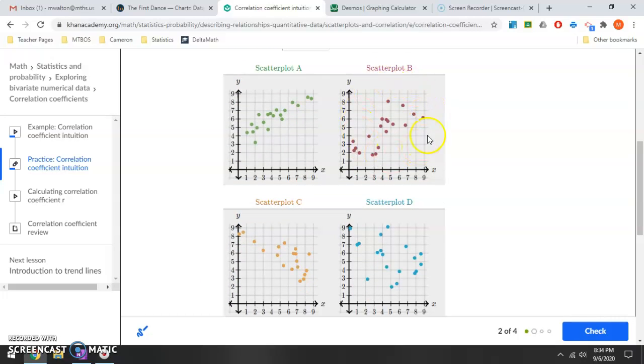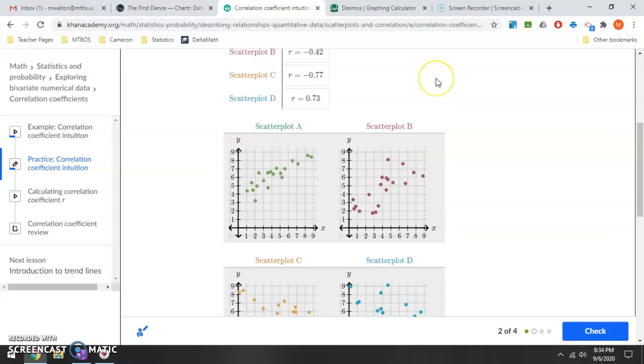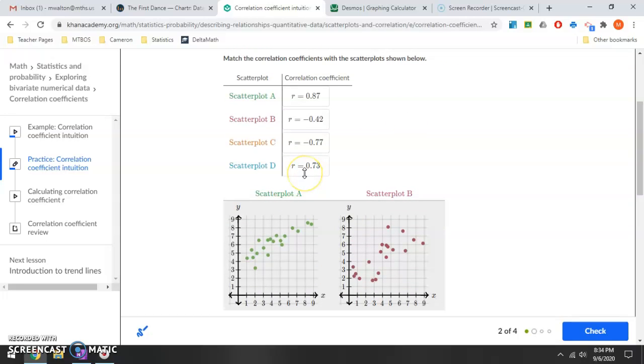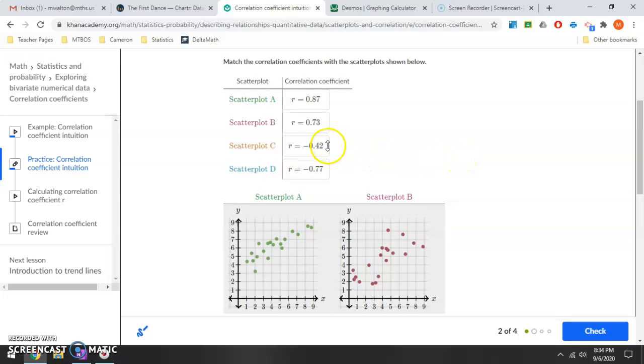All right, scatter plot B. This one is also going upwards, but it's not as strong as the other one. So I need a positive number that is not quite as big as scatter plot A. Well, the only positive value that I have left is 0.73, so that one has to match up with scatter plot B. Let's look at these last two. I have -0.42 and -0.77.